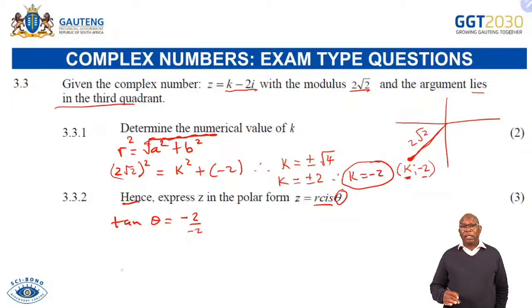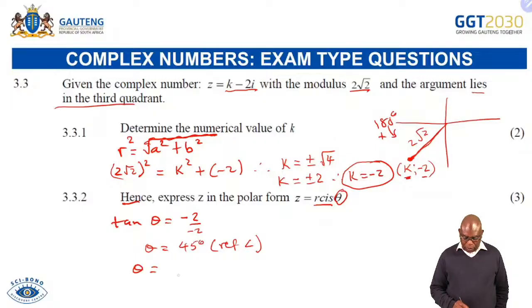Because if I write tan theta equals 1, 1 will give me 45. But I know that the tangent here will give me 45 degrees as a reference angle. But then it's in the third quadrant, which is 180 degrees plus theta.